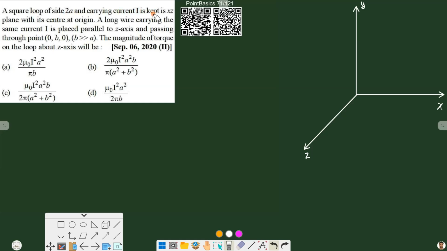So the loop should be kept in XZ plane, and that is the XZ plane. Or what we do, we can change the axis so that we can represent it in a better way. This is our, suppose, Z axis and this is Y axis. So now our square loop will be here. So this here is our square loop.